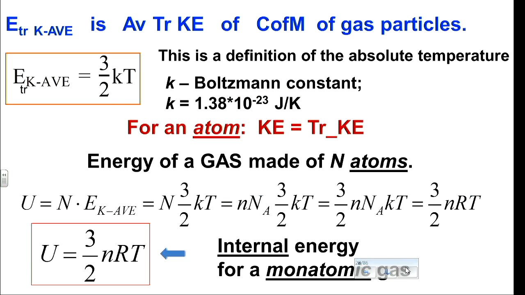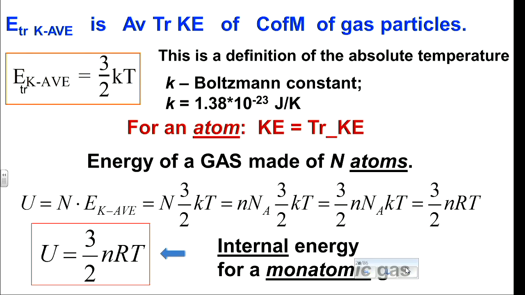For helium or any other monatomic gas, the internal energy, if we work it out, is equal to 3/2 times the number of moles, the constant R, and the temperature. Increase in temperature, more internal energy. Decrease in temperature leads to less internal energy.